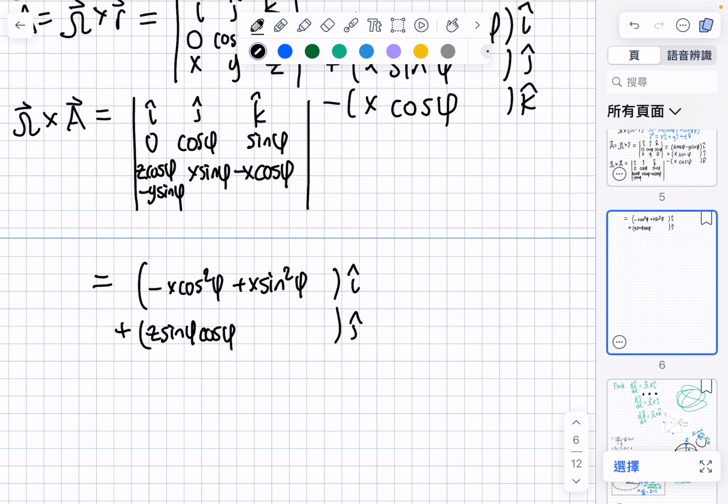So z cos phi sine phi minus y sine squared phi, plus k. So we have this and this. You have z cosine squared phi minus y sine phi cos phi. So that's a very complicated term.